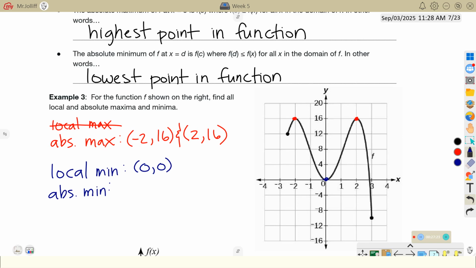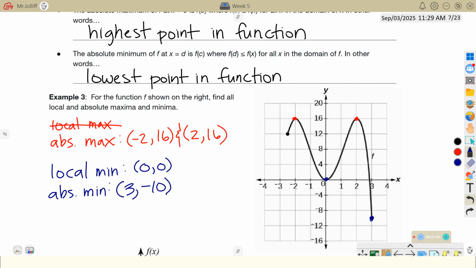Is that my absolute min? No, where's my absolute min? Yeah. The lowest point in the entire graph is that right-hand endpoint. And it occurs at x is 3, y is -10.